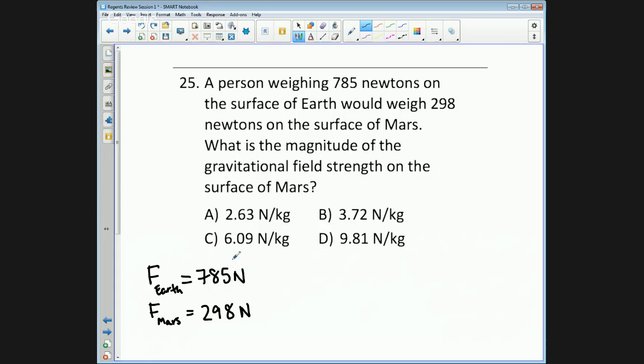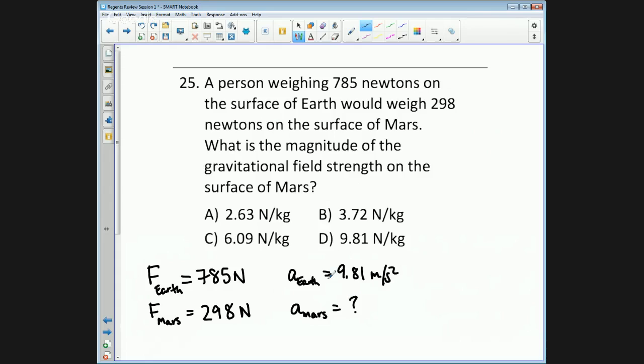We know the acceleration due to Earth's gravity equals 9.81 meters per second squared, and we're trying to solve for the acceleration due to gravity on Mars. There are 2 ways to do this.